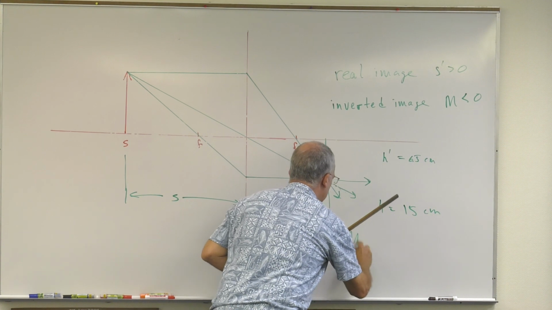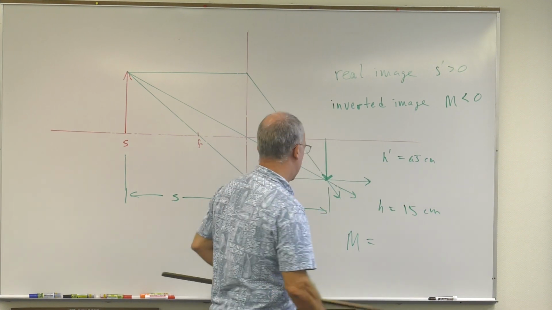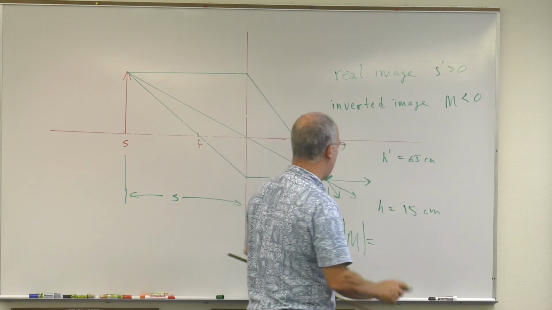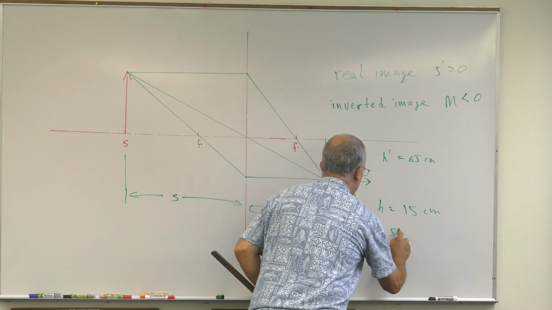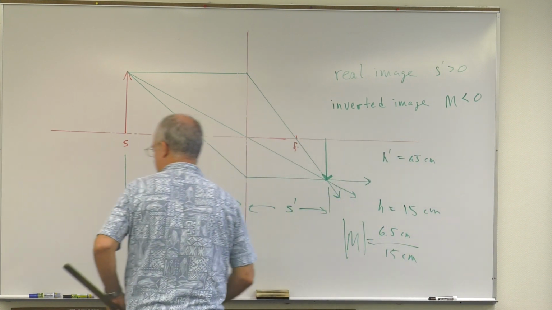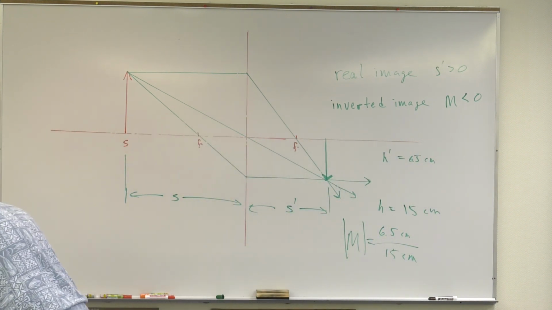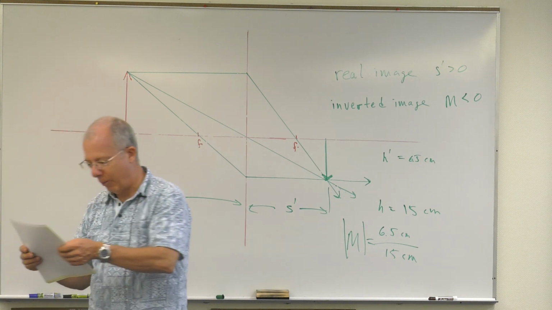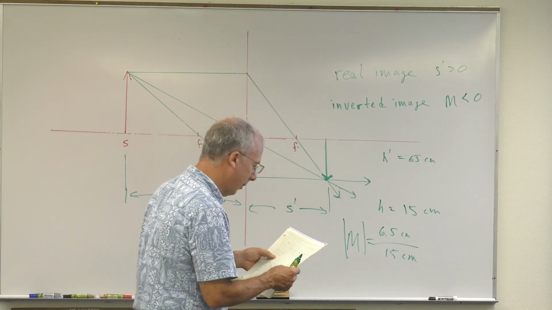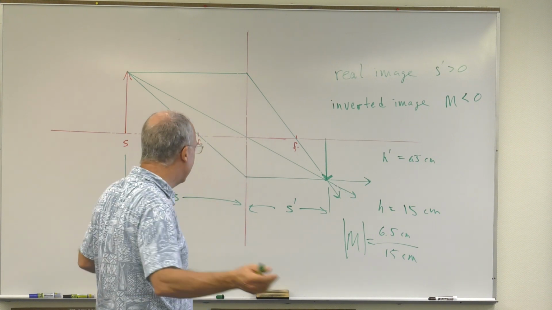So the absolute value of magnification is H prime, 6.5 centimeters, divided by 15 centimeters. Okay? So it's less than 1, right? It's less than 1, okay? That's not bad. So that's how you do it.